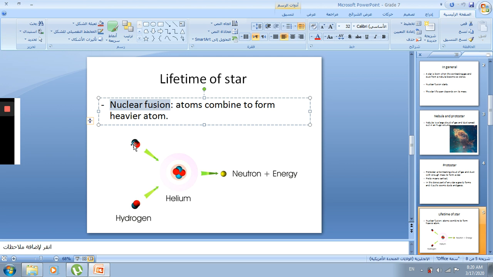Nuclear fusion is the combining of two atoms to form one heavier atom, like when a hydrogen atom and another hydrogen atom fuse to form an atom with two times the mass of a hydrogen atom.